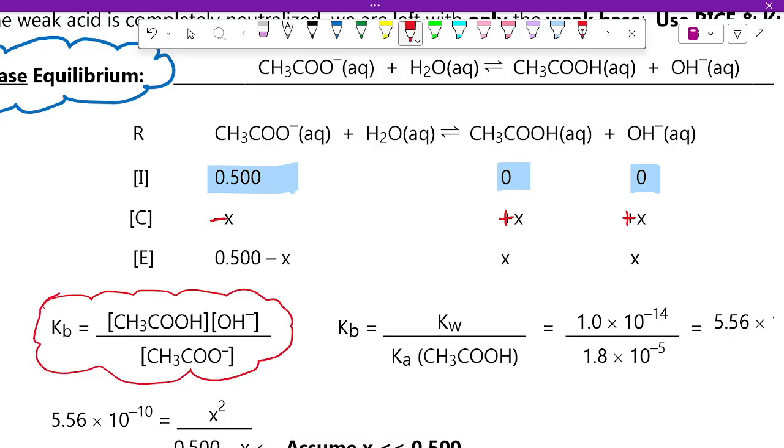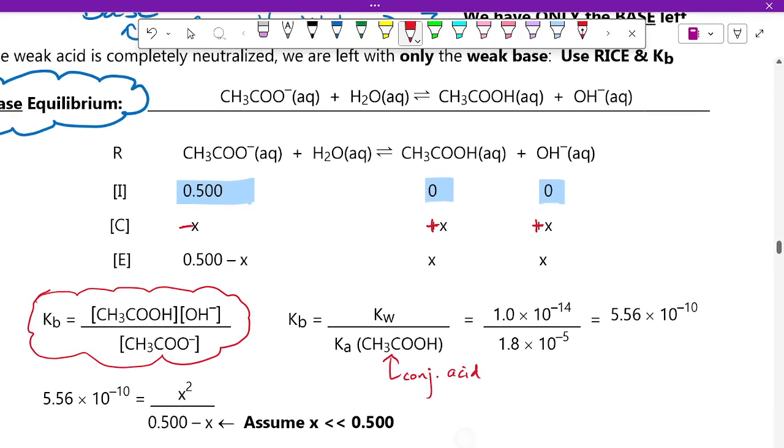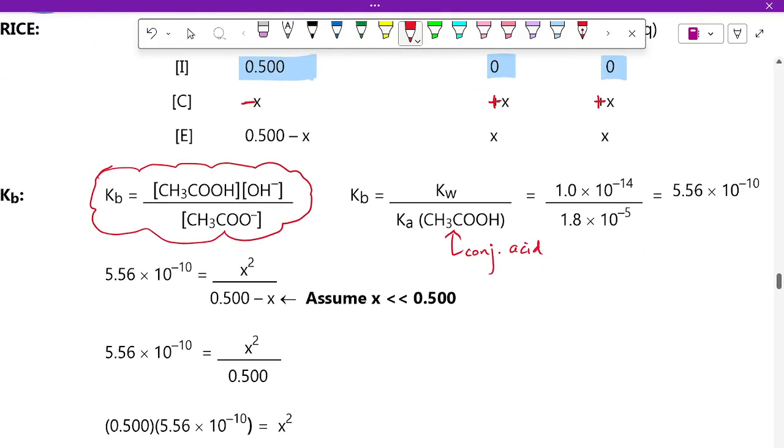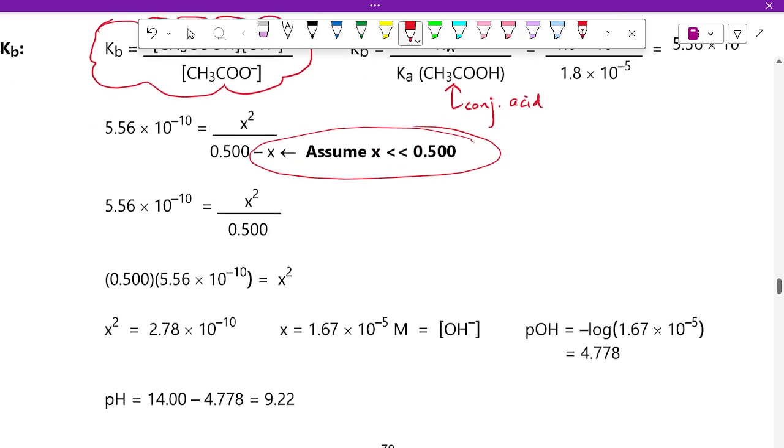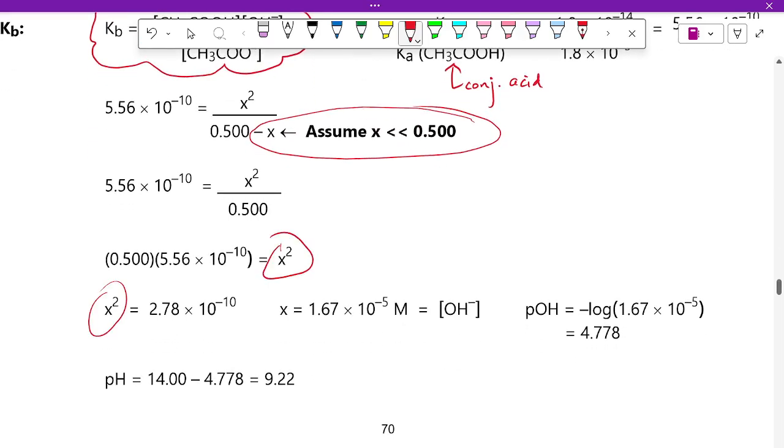And then we have to find Kb. If we're using Kb, which is Kw over the Ka of the conjugate acid. Okay, so we got that there, and we get 5.56 times 10 to the negative 10. And shove everything in there, assume x is insignificant. Solve for x squared. Solve for x. What was x?